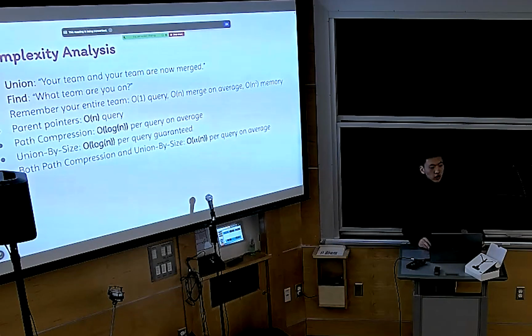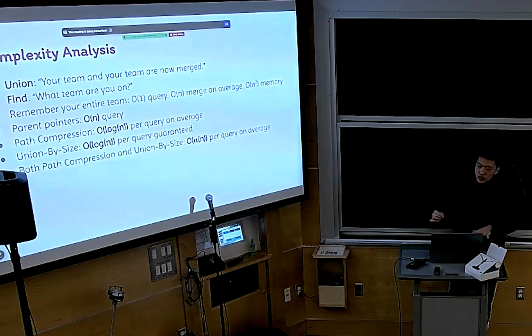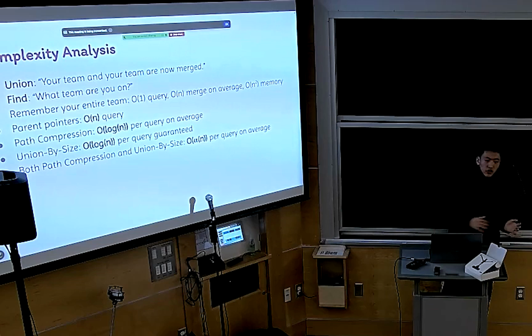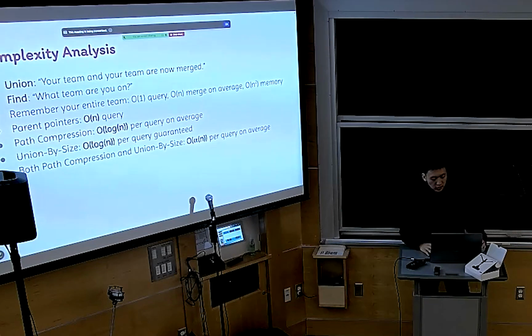You can use both path compression and union by size. Union by size is just a simple modification on the join function, and path compression is a simple modification on the root function. If you use both of them, your complexity becomes the inverse Ackermann of n. And what is the inverse Ackermann?